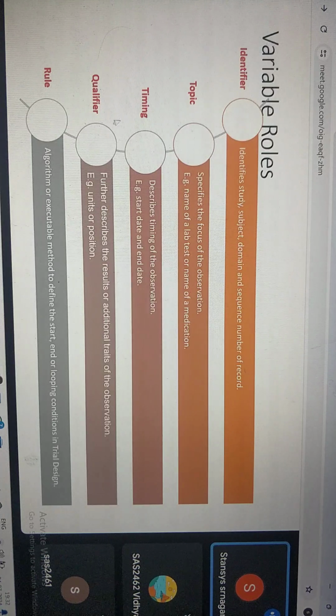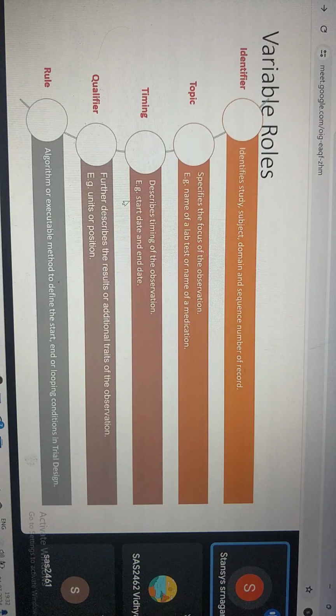The timing variables are obviously very commonly identified: start dates and end dates. For example, in adverse event, when it was started: AESTDTC, adverse event start date. When it ended: AEENDTC, adverse event end date.